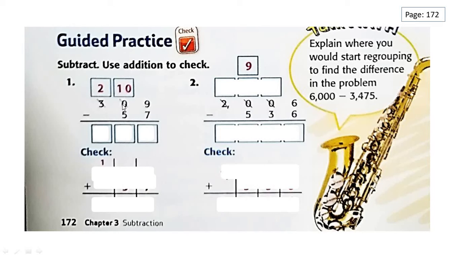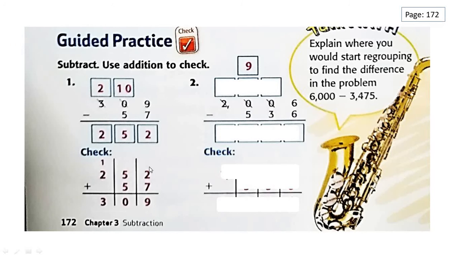Now we have to subtract 0 minus 5, but we cannot do that because 0 is less than 5. So we have to regroup now. We will regroup 100 as 10 tens. So this 3 is going to be 2 and this 0 is going to be 10. So 10 minus 5 equals 5 and 2 minus 0 equals 2. So the difference is 252.